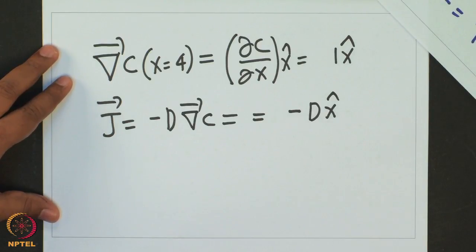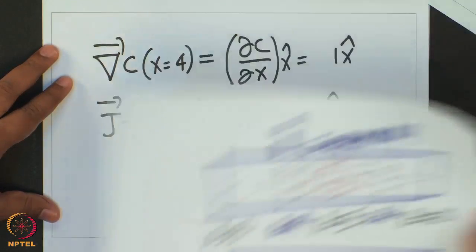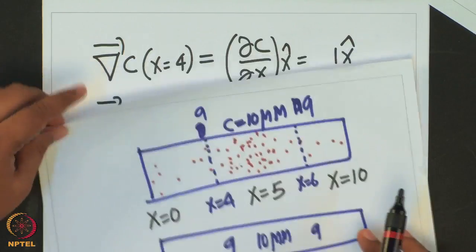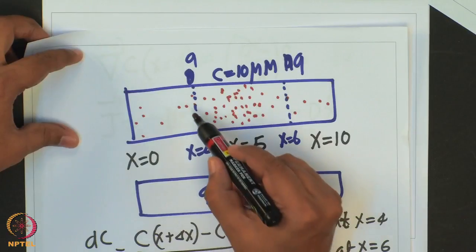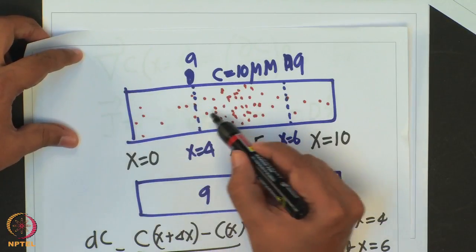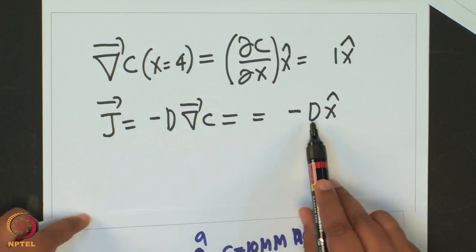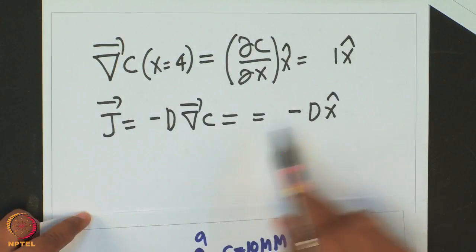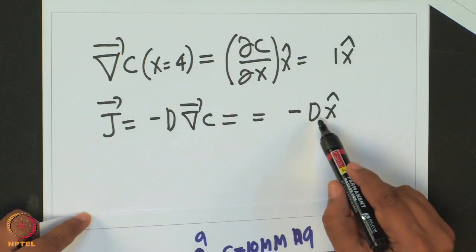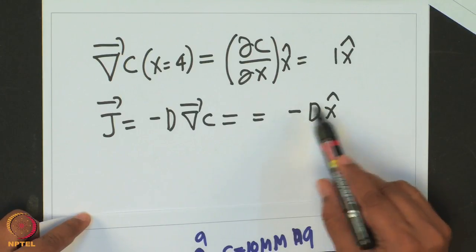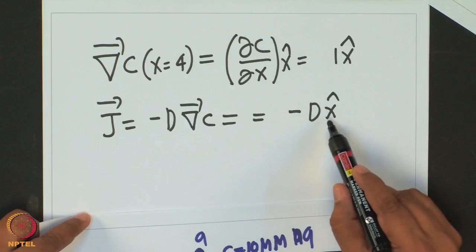So let us look at here. At x equal to 4, the flow has to be in this direction. It has to be along the minus x in this direction. And this would say that D is a constant, and the flow at x equal to 4, J, is minus D x cap. Minus D is the quantity, x cap is the direction.